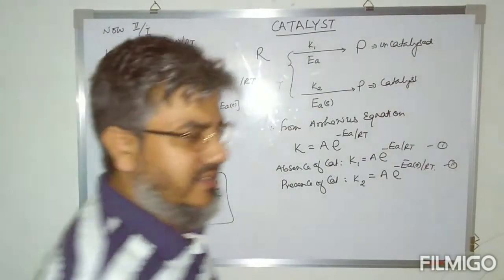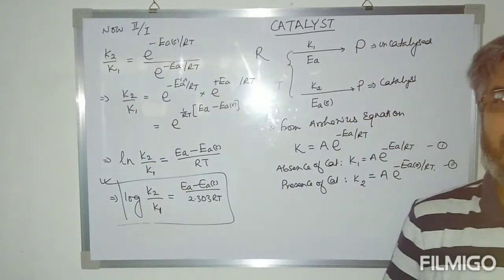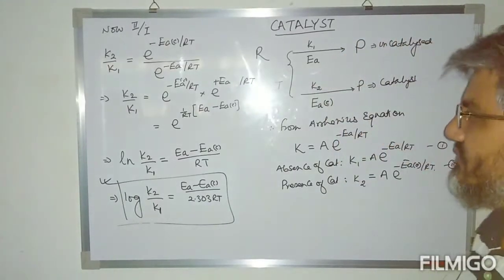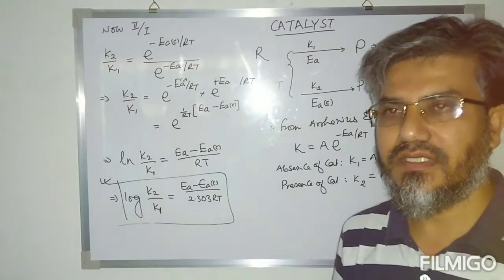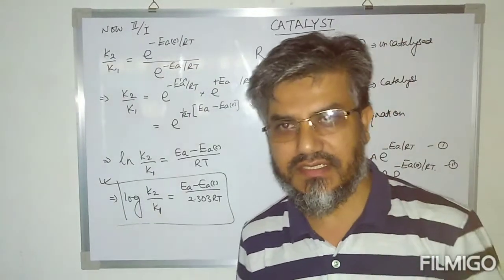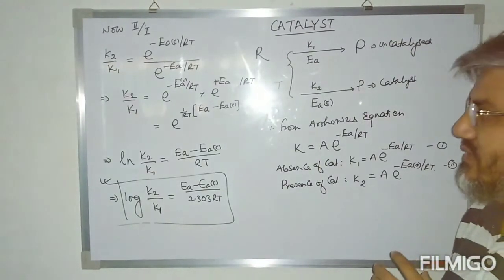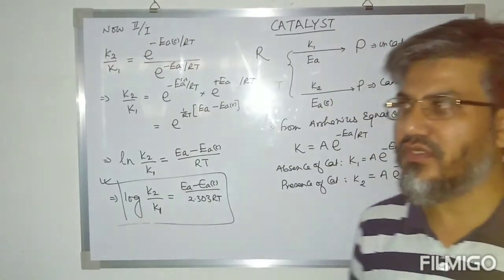Now, catalysts are of two types. One is known as positive catalyst, the other is known as negative catalyst. Positive catalysts are the catalysts which increase the rate of the reaction, whereas a negative catalyst is the one which decreases the rate of the reaction.